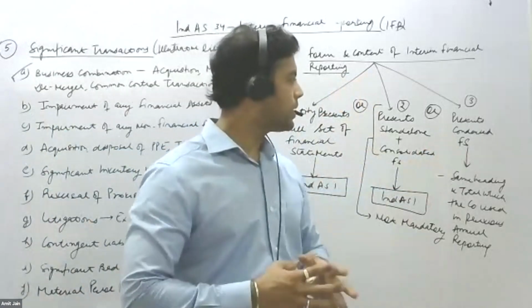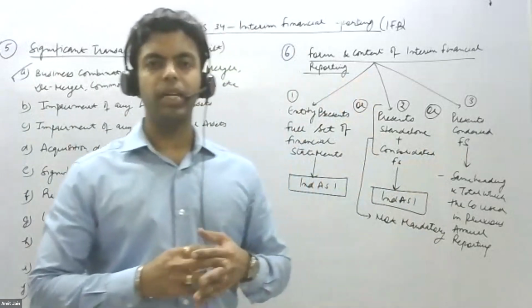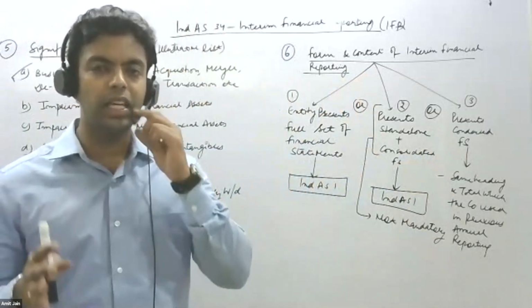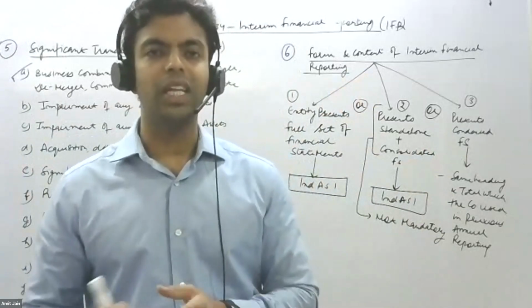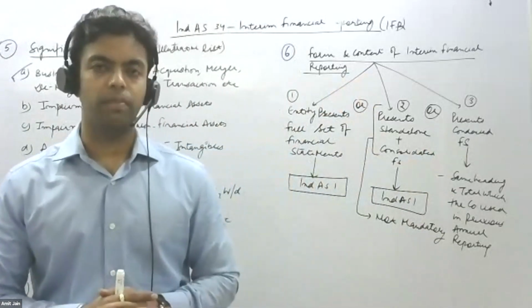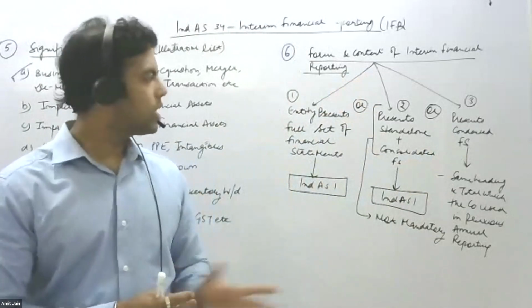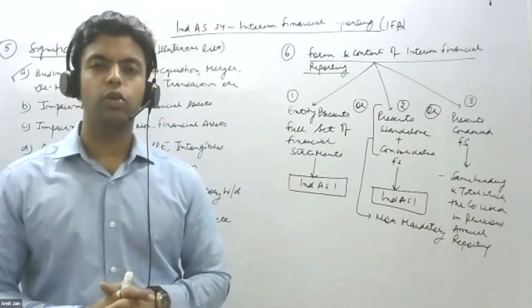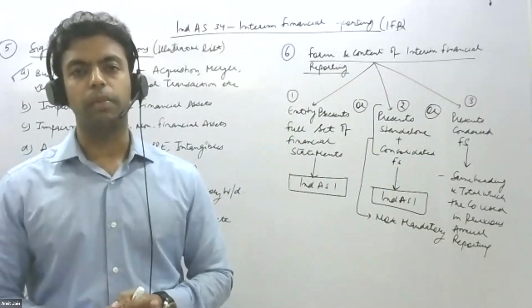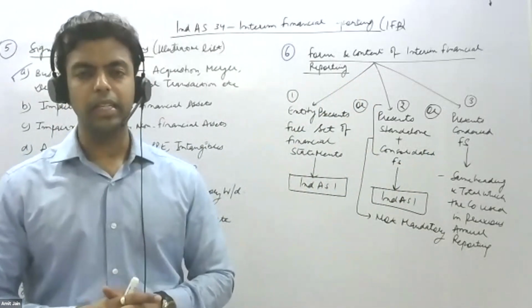And if the company presents condensed financial statements, they have to follow the same headings and the same totals which they have used in the presentation in the recent annual financial statements, right? So these are the different forms which the company can adopt while doing the interim financial reporting, right, guys?